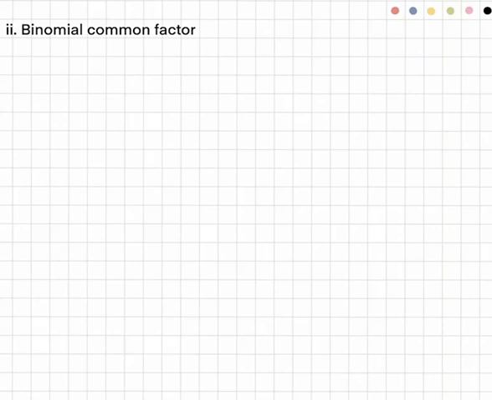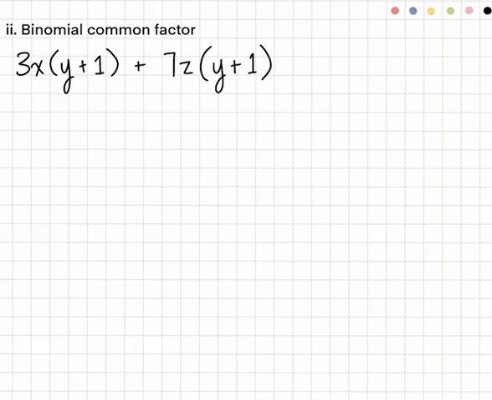So we've got, let's do this one, 3x times y plus 1, and then I've got plus 7z times y plus 1. So when you're looking at this, you can think of y plus 1 as one factor. The greatest common factor here is actually y plus 1 because that's what both have in common.